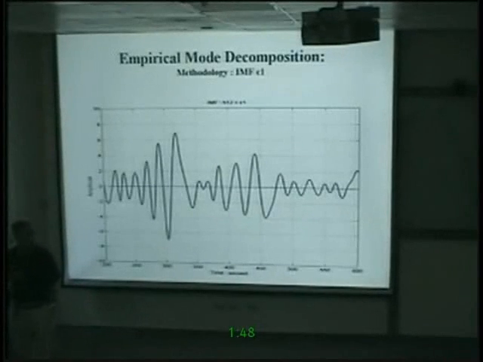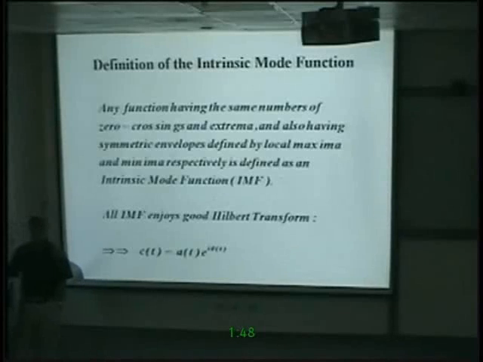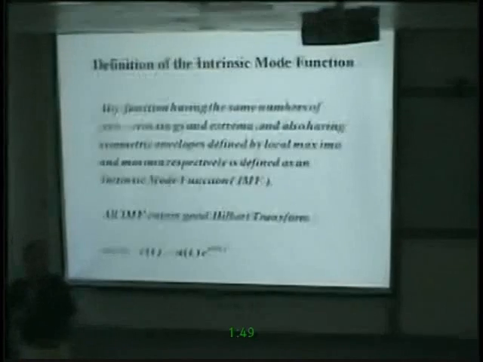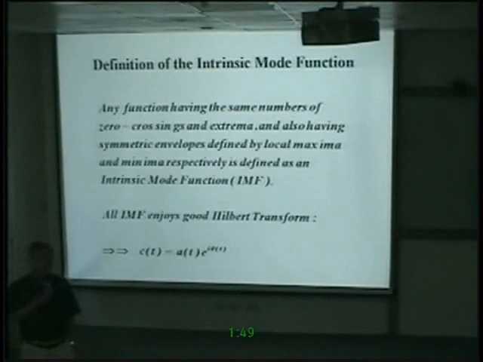And now, finally, we get this component. This component is called an intrinsic mode function. Why do I want that? I want that to serve at least as a necessary condition for the Hilbert transformation to give me a sensible non-negative frequency. But this is only necessary, it's not sufficient.